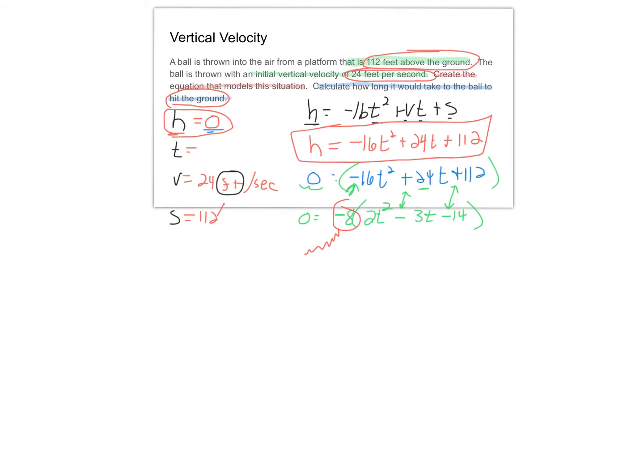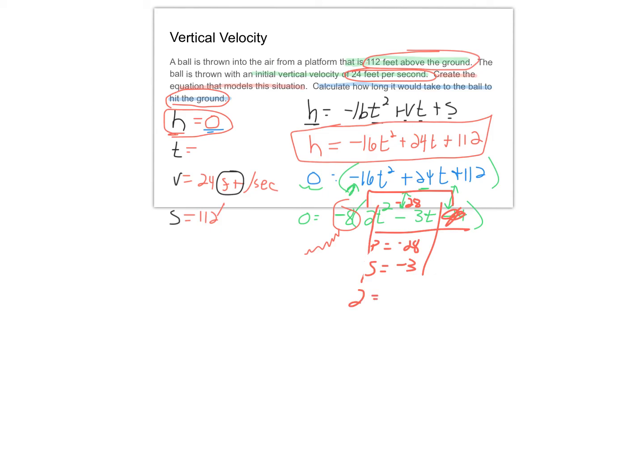So now we're going to focus solely on here. I'm going to use the slide: multiply front to back, I get negative 28. I'm going to split the t squared and the minus 14. So my product is negative 28 and my sum is negative 3.